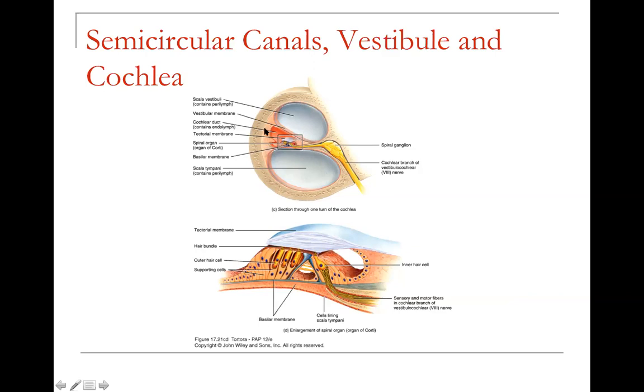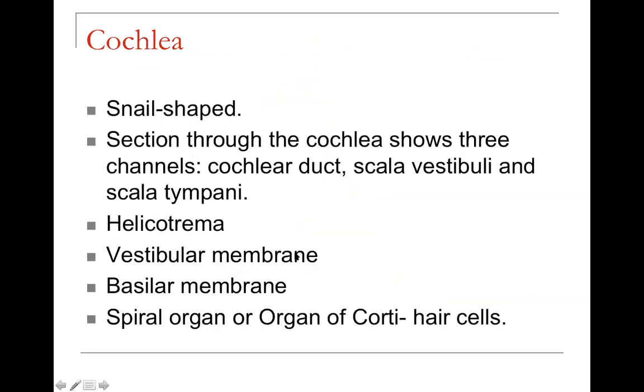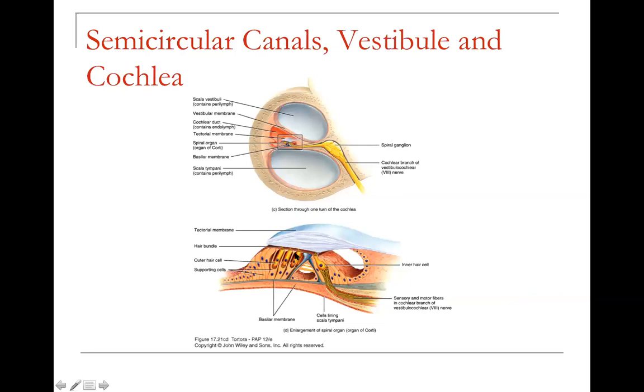The fluid is now moving the endolymph inside of this space. So here's that rectangle. There's fluid sitting right on top of this tectorial membrane. And as that moves up and down, we strike those hair cells. Okay, as we strike those hair cells, that frequency, the depth, is turned into electrical signaling.